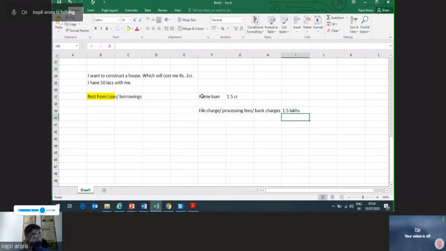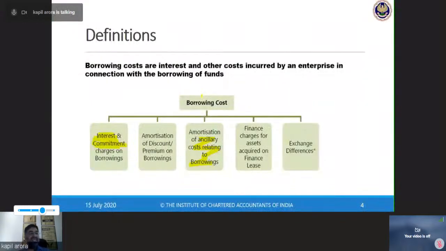So the 1.5 lakh which you have paid is also a borrowing cost which we are paying on top of the borrowings which we have taken. Right? So my interest cost plus any file charges, processing fees, bank charges will also be considered as borrowing cost.